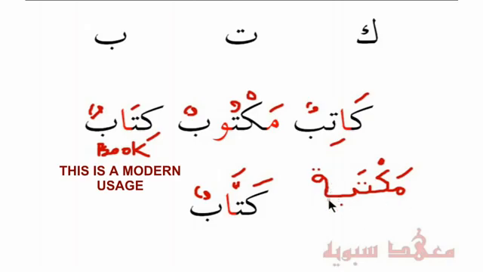Now, one meaning of ta is what's known as mubalagha, which is to give the meaning of something happening many times over and over. So, as I said, maktab is a place where you write. So a place where there's a lot of writing is a library.